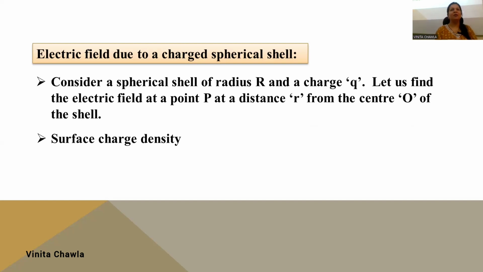Surface charge density will be q upon 4 pi r square. Sigma is q upon 4 pi r square. And therefore q is 4 pi r square into sigma. Sigma is the surface charge density, charge per unit area. So we can write charge in terms of surface charge density.